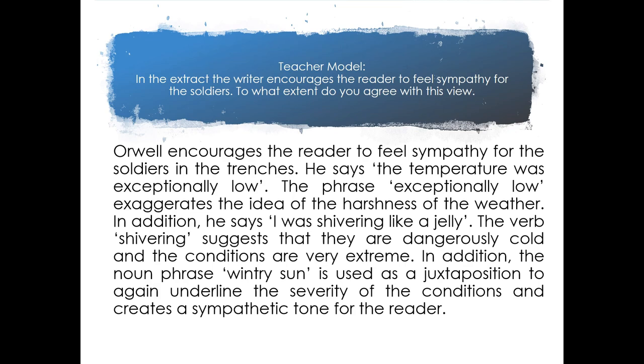So the reader is going to feel sympathetic because of the harshness of the weather. He repeats the idea of firewood to show that to them firewood represented warmth. However, the absence of firewood really revealed the state of these soldiers. So they were devoid of warmth in these really harsh conditions.